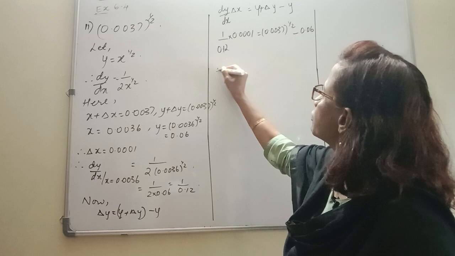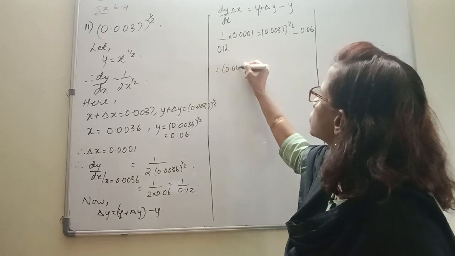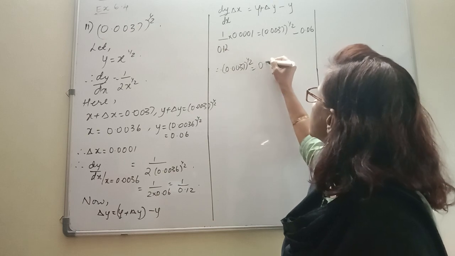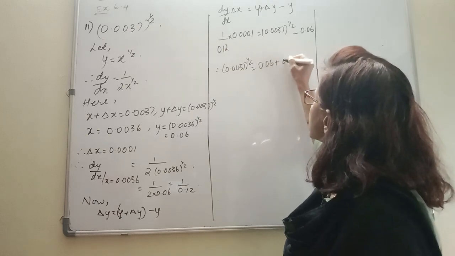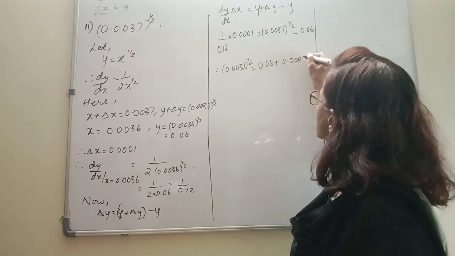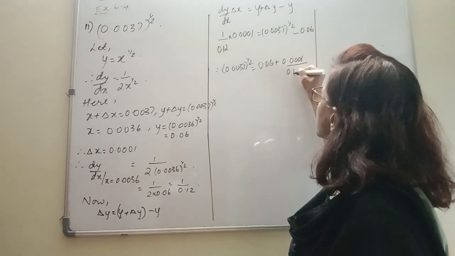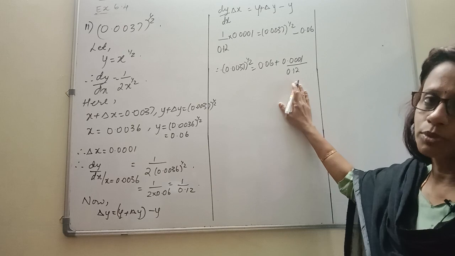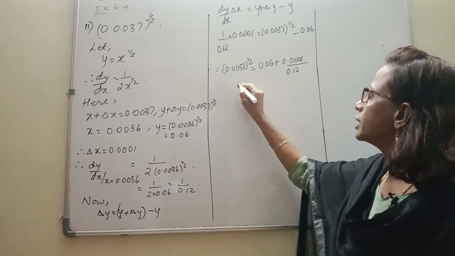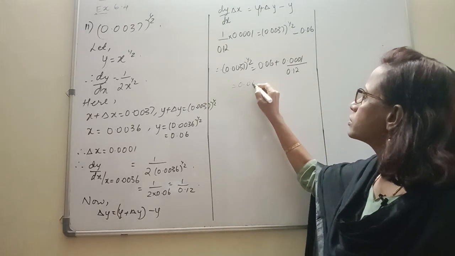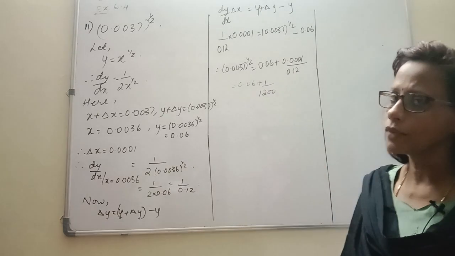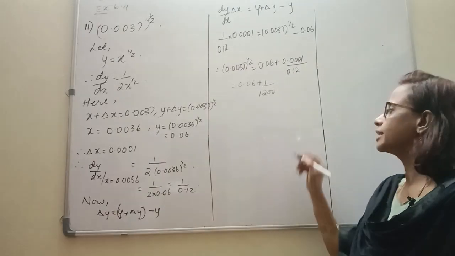Very easily we can find the value of 0.0037 raised to half by taking this to the other side: 0.06 plus 0.0001 by 0.12. Let's multiply by 1000 in the numerator and denominator. Then you are left with 0.06 plus 1 by 1200.